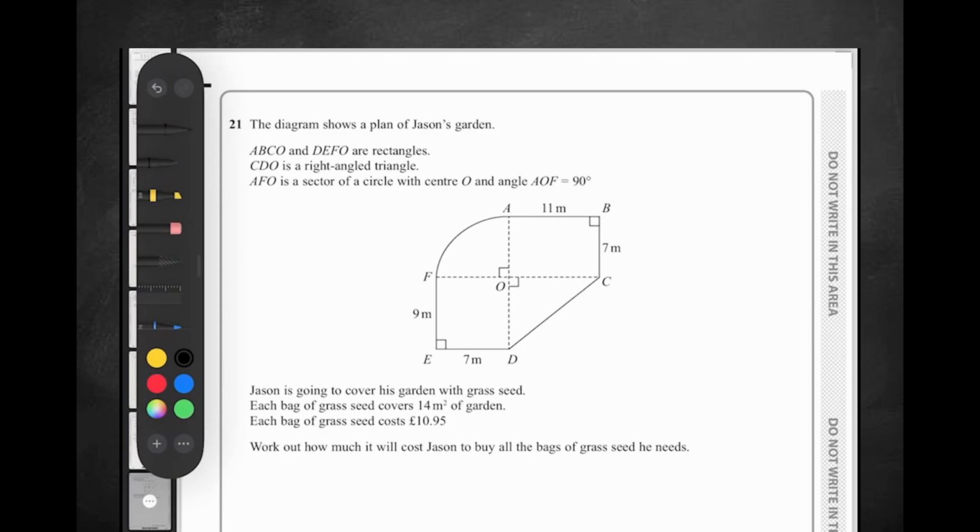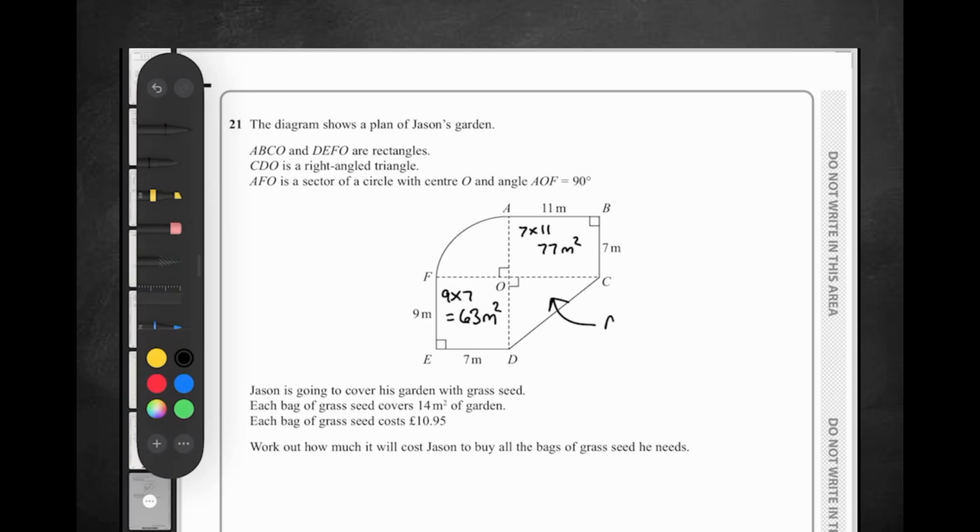So we're going to need to work out the area of each of these 4 shapes and add them together. So we'll start with the 2 rectangles as they are easier. So this is just going to be 9 times 7, 63 meters squared. This one here is going to be 7 times 11, which is 77 meters squared.